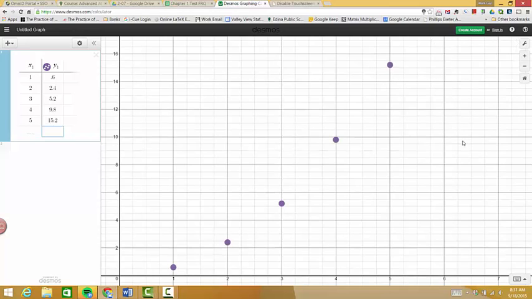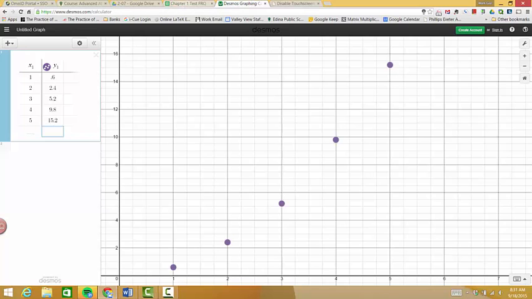Now I'm going on to step 2. Looking at my graph, is it growing in a linear fashion? Is it making more of a parabola, more of a hyperbola? What type of shape is it making? It appears that it's not linear. It looks parabolic.